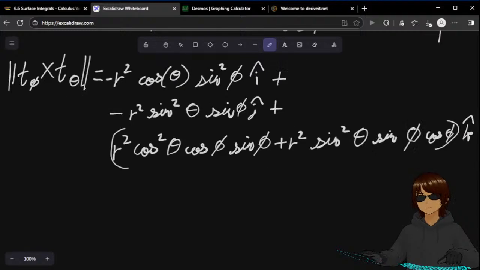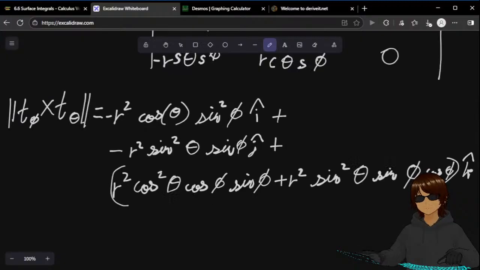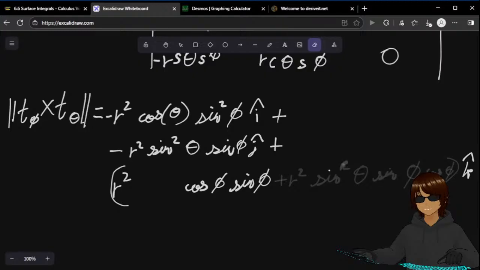Oh my god. Cos square, cos phi sine phi. But if it has cos phi sine phi, because this will be one, right?